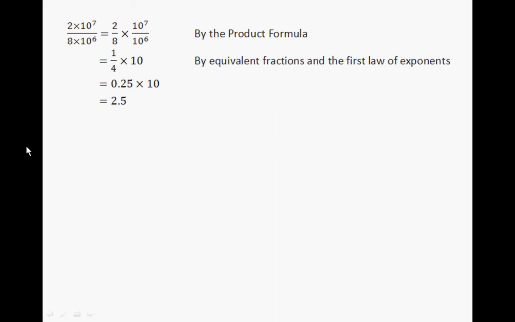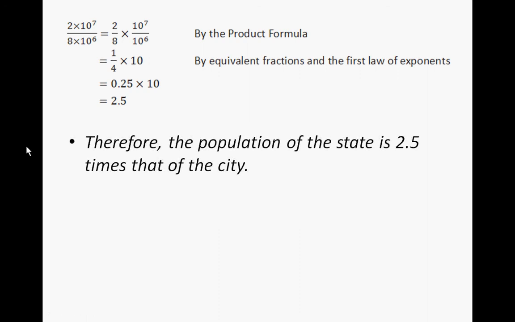Now converting our fraction 1/4 to a decimal, that would be 25 hundredths times 10, which leaves us with 2 5/10. So therefore, the population of the state is 2 5/10 times that of the city.